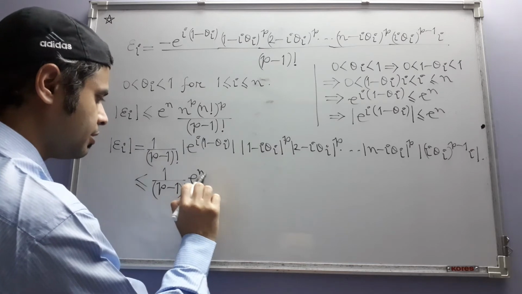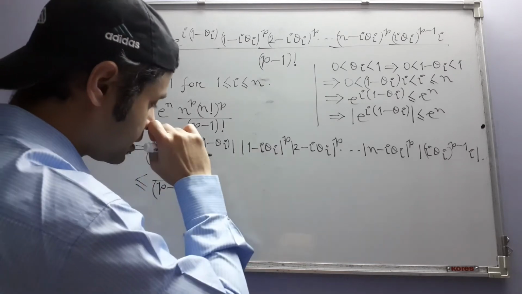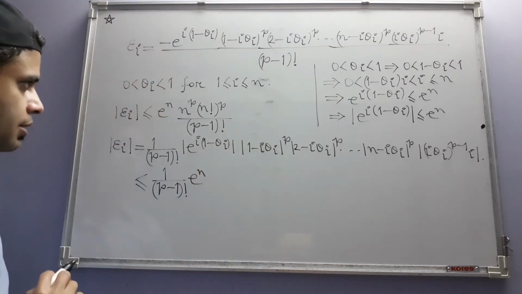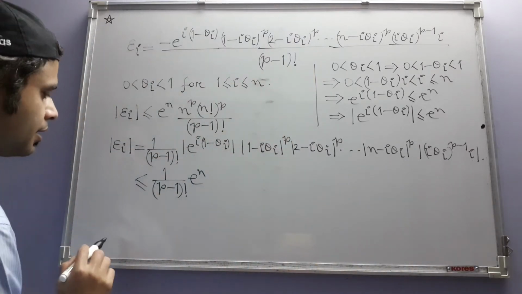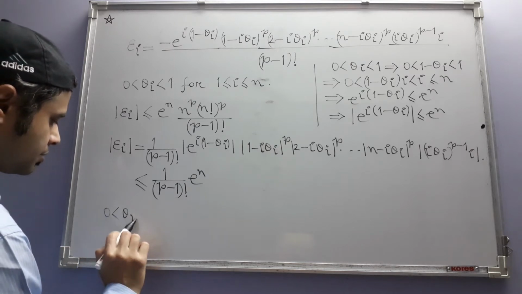So we can write e to the power n here. So that's what we have here. So this part we have got. What else can we say? What about this part? This is in fact easier. It comes directly from these inequalities.